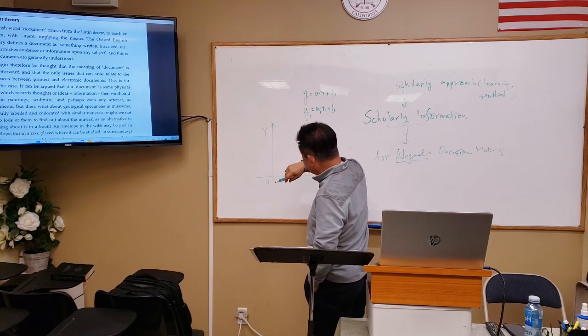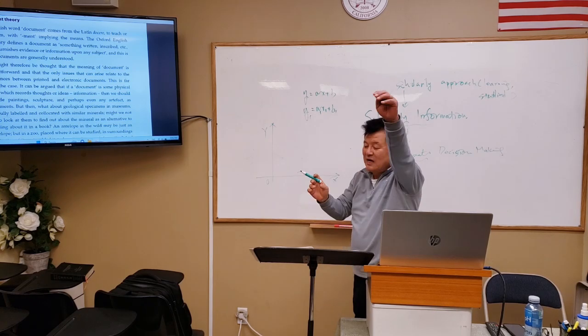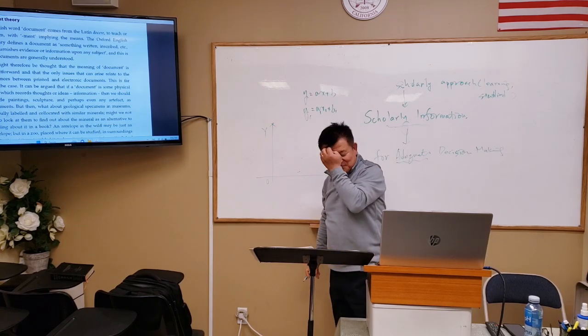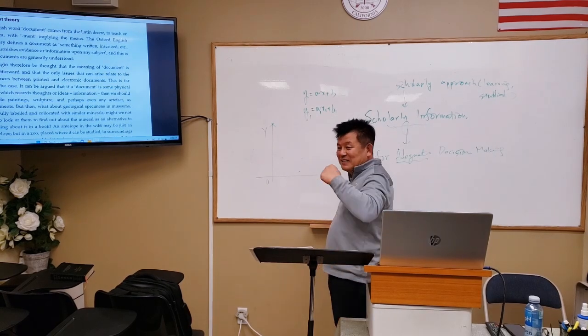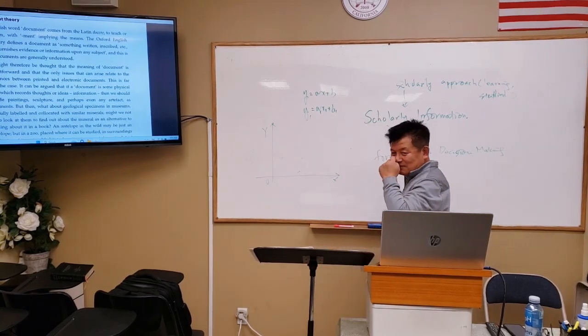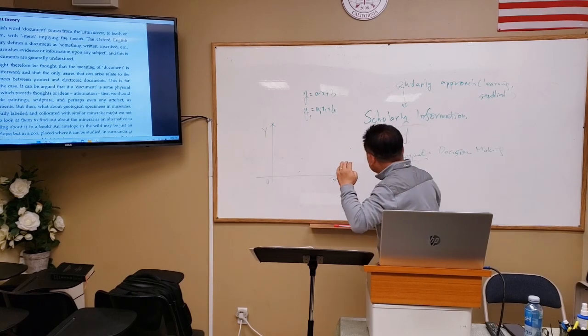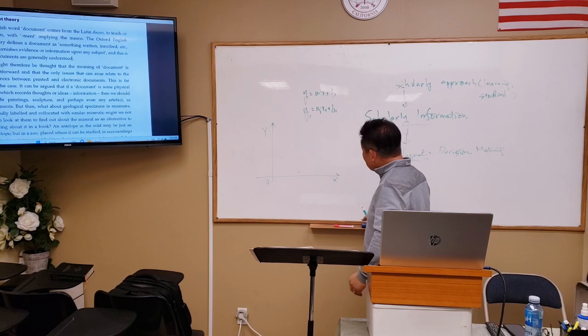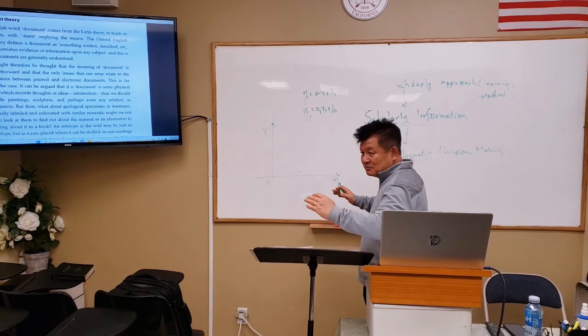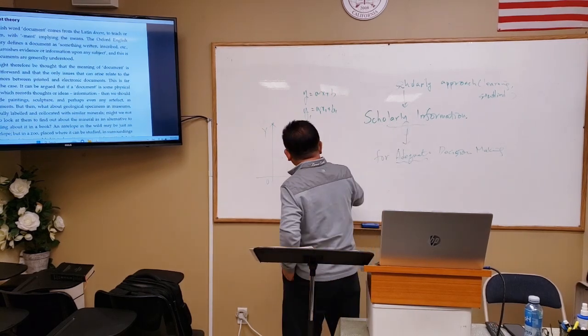So, okay, I want to become a medical doctor. This is my goal. And I decide my future. Oh, I want to become a very excellent medical doctor. Okay. There are many methods to become a medical doctor.